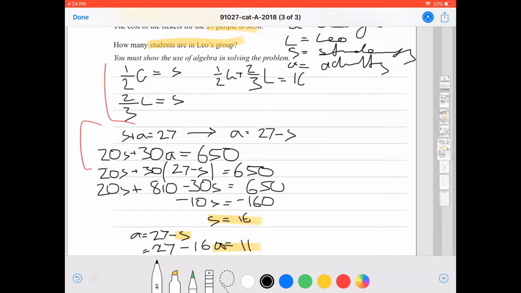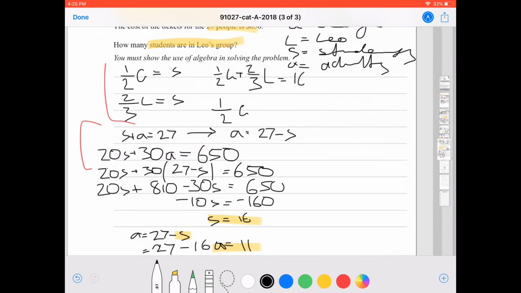And because we've done our students, now we could work with adults, and we could take the remaining fractions left over, which would be the adult portions in George and Leo's group. So if half of George's group is students, that means the other half must be adults.